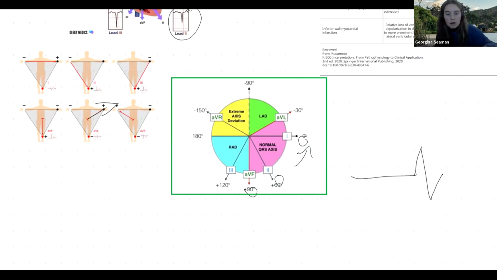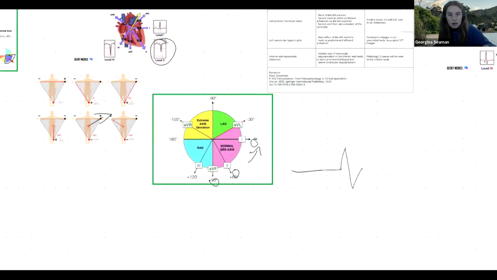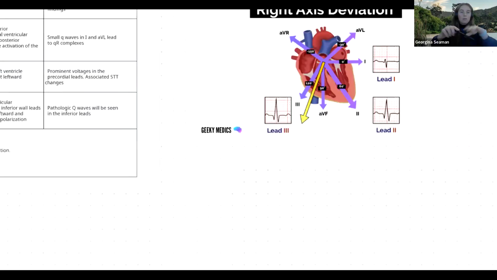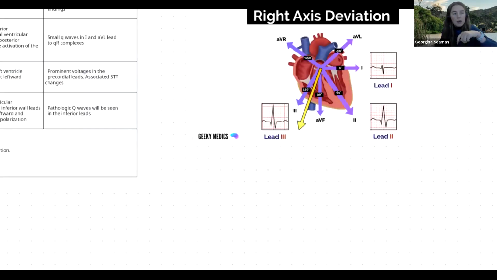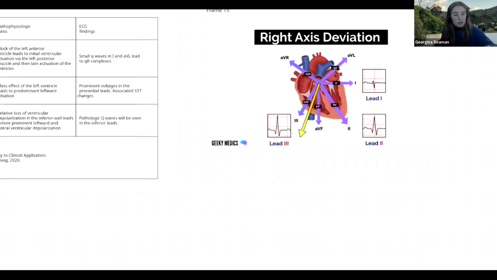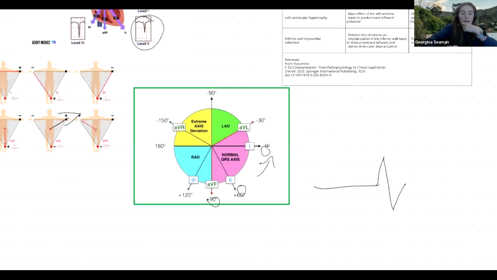For example, I think I've got an example up here. Lead 3 will look mostly positive, which is what we're looking at there. The confirming sign is when we look at the opposite side. For example, if we see mostly positive in AVF, 3 and 2, but a negative in lead 1, we know the voltage is heading away from lead 1 if it's heading this way.